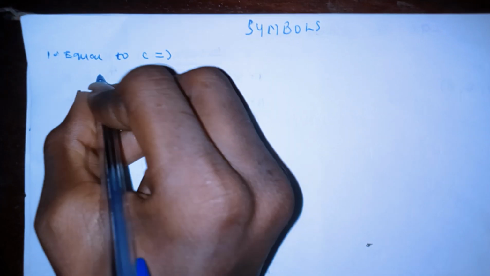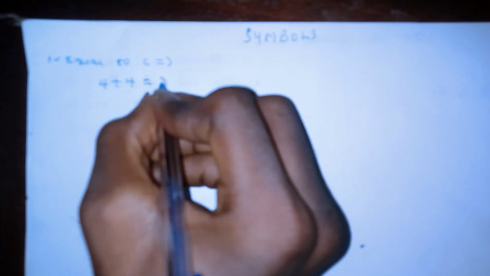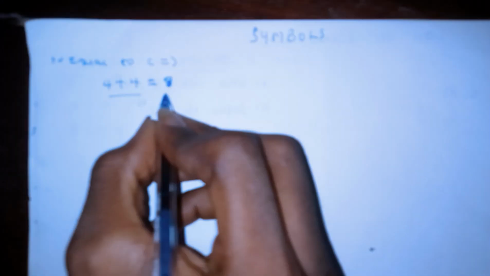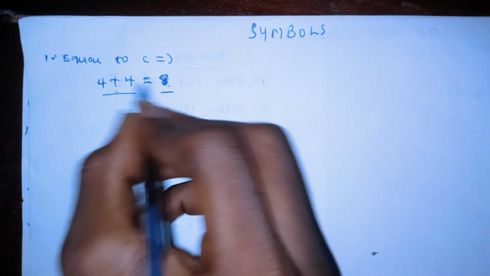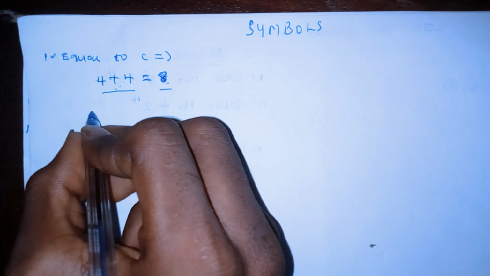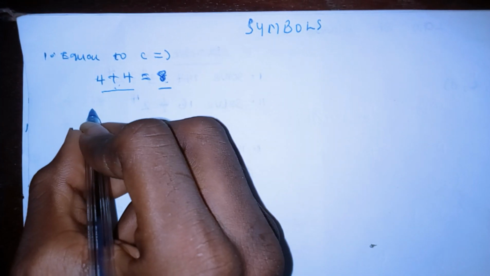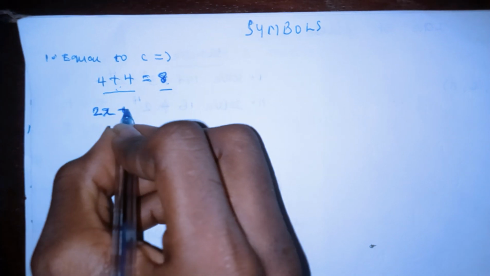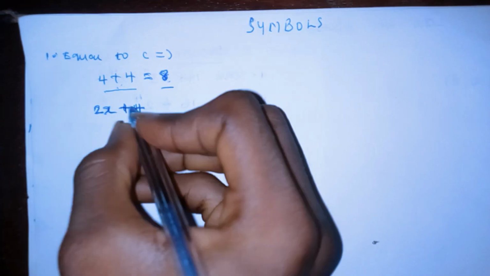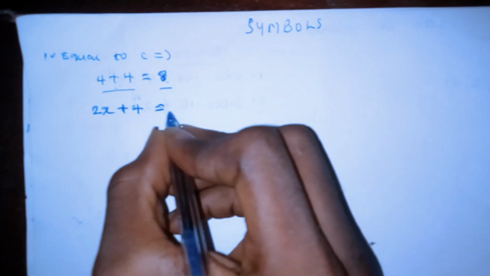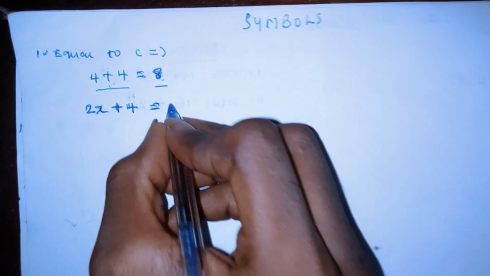For instance, 4 plus 4 is equal to 8, which means that this left hand side is equal to this right hand side. Both of them are the same. For instance, they can ask you this in examination: 2x plus 4 is equal to 0.